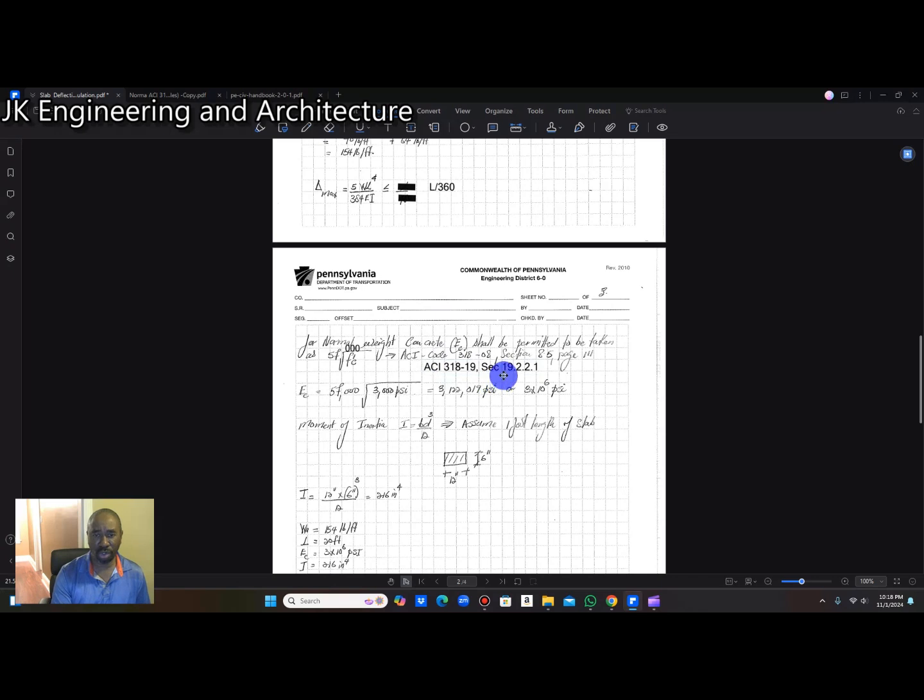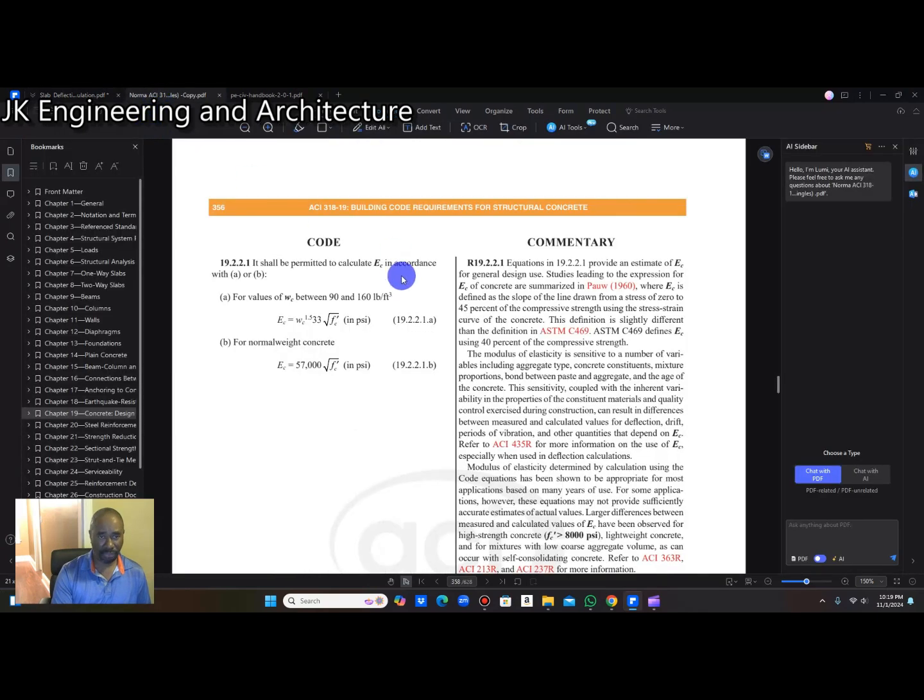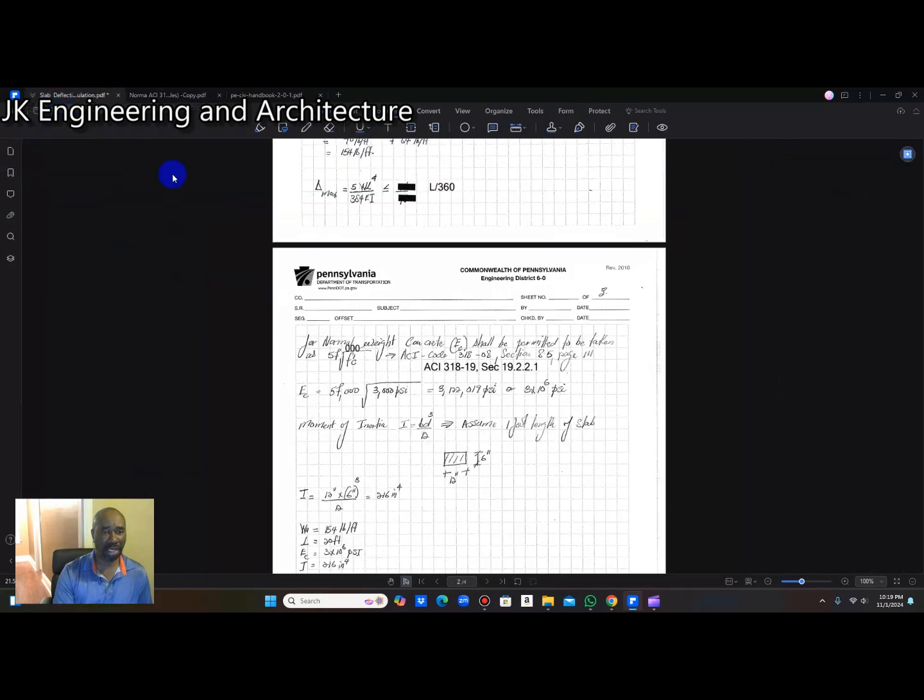Let me show you where I get this formula from. It is taken from ACI 318-19, section 19.2.2.1. If you notice, by code, it says for normal weight concrete, Ec shall be equal to 57,000 times the root of f'c, and the unit is pounds per square inch. So this is where I obtained this formula from. Okay, so let's get back to the calculation.